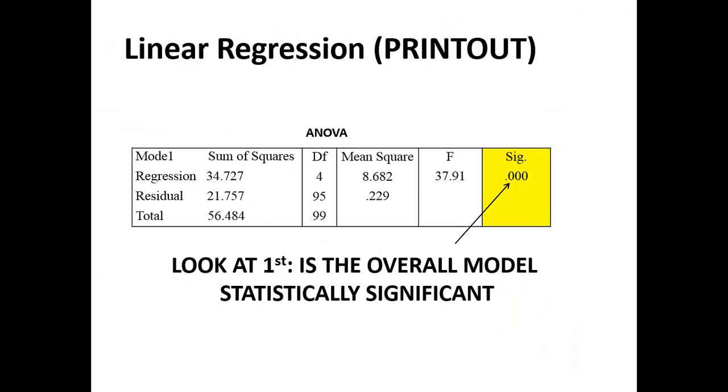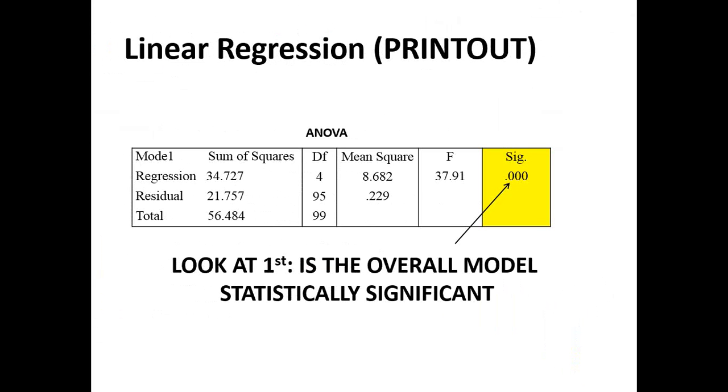Now, in the regression printout, in the output, the first thing you want to note is the ANOVA box. There's a small box, and it says ANOVA, and in the last column on the right, it says SIG. This is important because this is the level of statistical significance for the entire model.